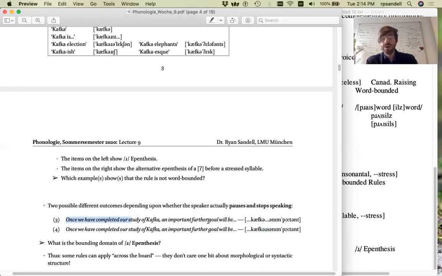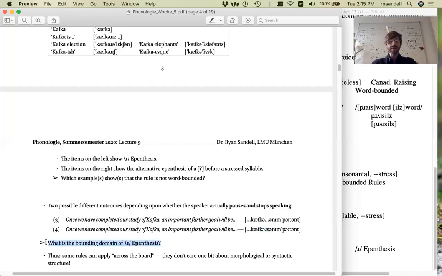This phrase can also be said without the R epenthesis, depending upon whether the speaker makes a longer pause at the end of the subordinate clause. So if the speaker speaks more slowly and says something like, once we have completed our study of Kafka, an important further goal will be, in that case, because there's a pause, the R epenthesis does not apply. But in running speech, our study of Kafka-R-is an important further goal, the R epenthesis is able to apply.